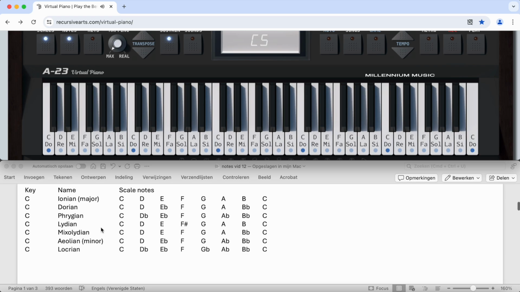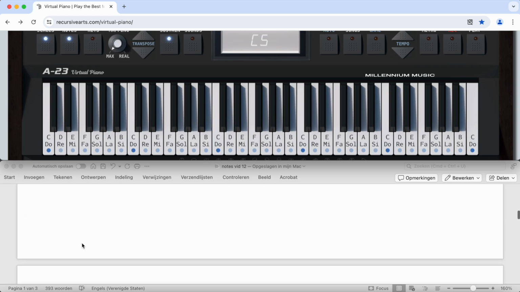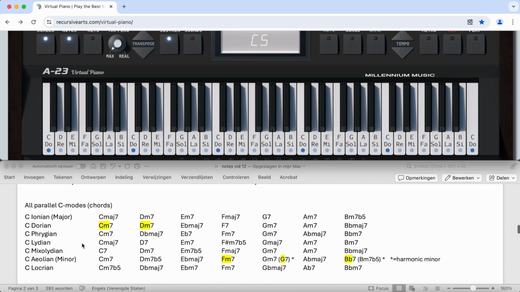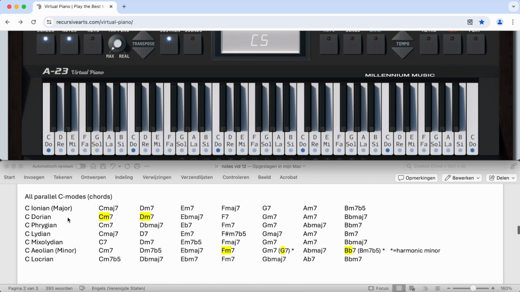Let's have a look at the song. I've already given examples in this video course of songs that switch from C major to C minor, but let's have a look at a song that switches from C Dorian to C minor. First of all, let's have a look at the chords over here.